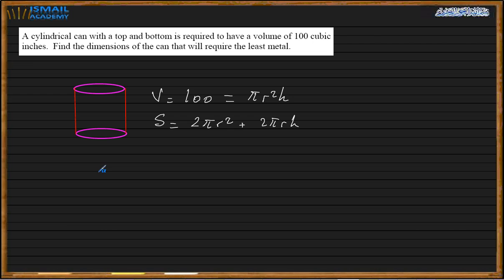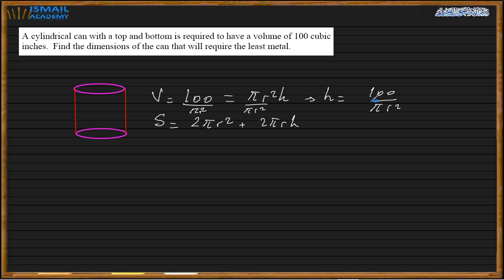So to find out the least surface required, I need to take the derivative of the surface, but the derivative here involves two variables, which means I need to change one variable in terms of the other. So I know that V is 100, which is equal to pi r squared h. So I need to change this h in terms of r. So here I divide both sides by pi r squared. So I will get h equals 100 over pi r squared.